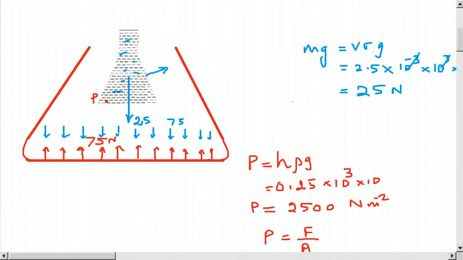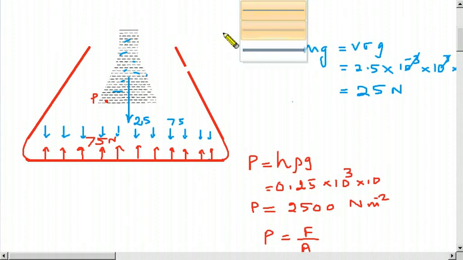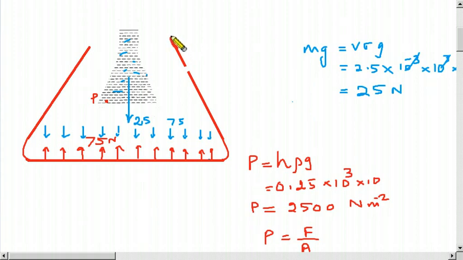To understand that, imagine that there is a hole like this on the inclined surface. Then what happens? Suppose this one is a plastic bottle, plastic flask, then we can make a hole. If there is a hole, the water jumps out like this.